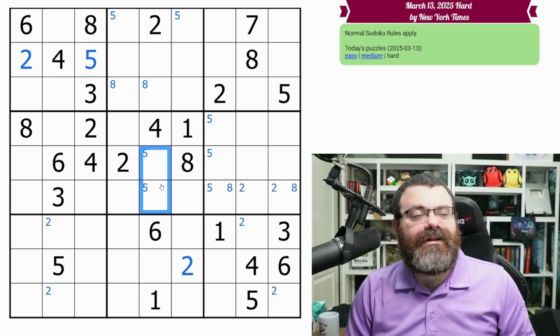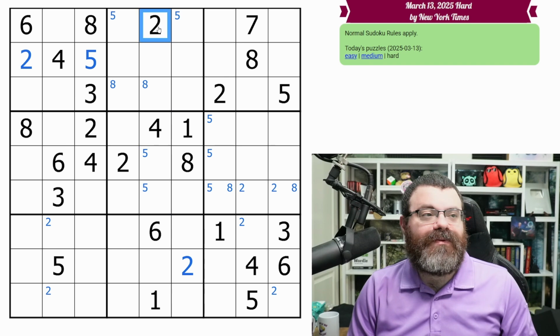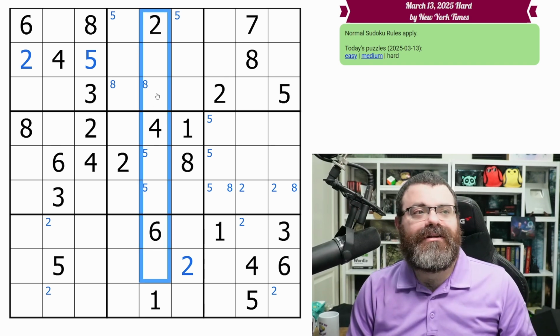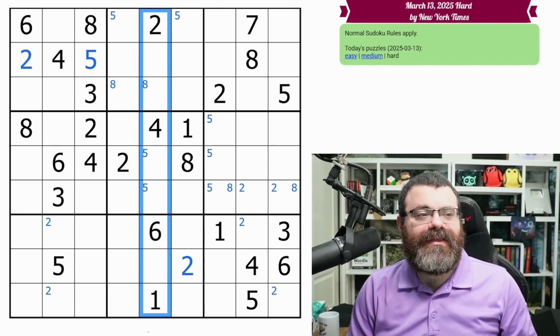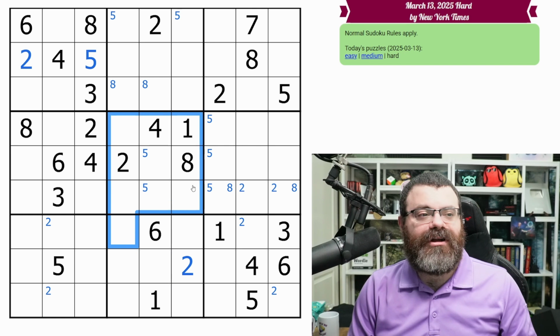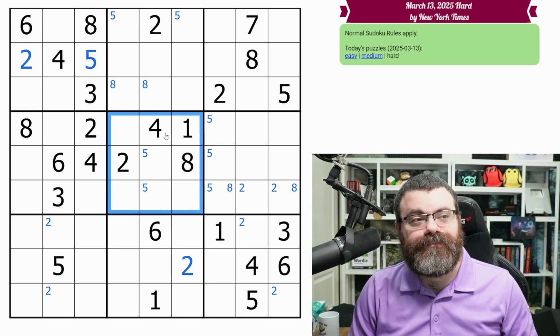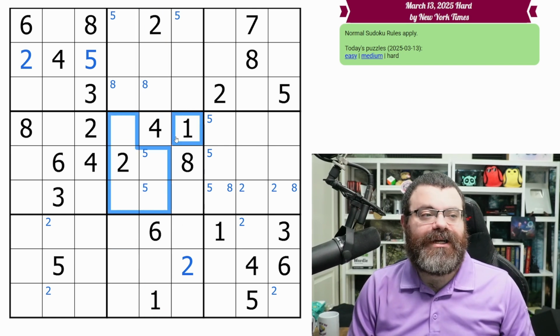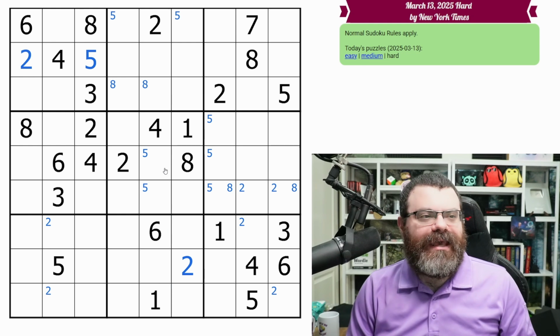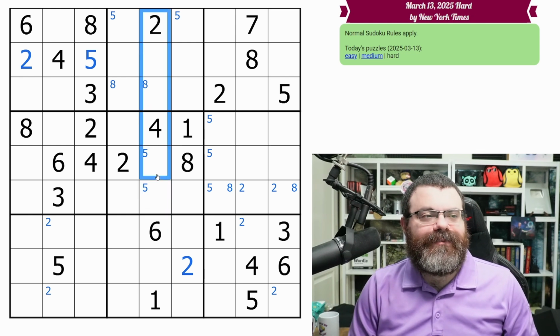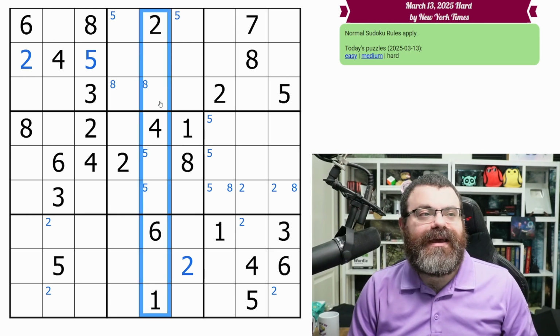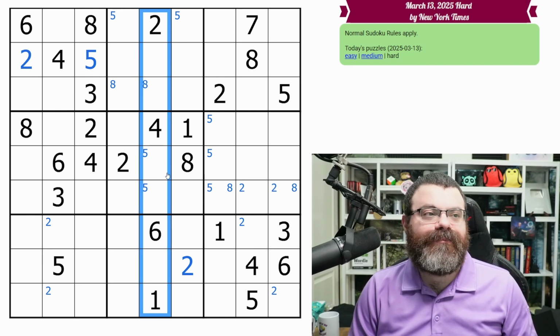And that's going to do what's called claiming. What do I mean by claiming? Well, the reason it's called claiming is because this column claims the 5 from this box, from box 5. Column 5 claims the 5 from box 5. That's a lot of 5's. Basically, the logic is that this column 5 needs a 5 in it. It needs every digit, so it needs a 5.